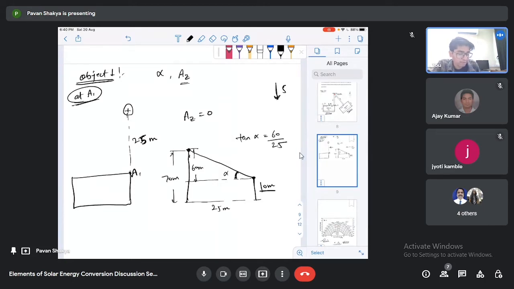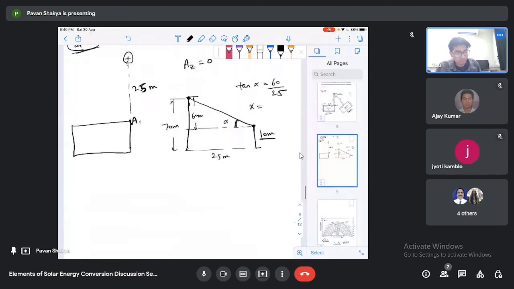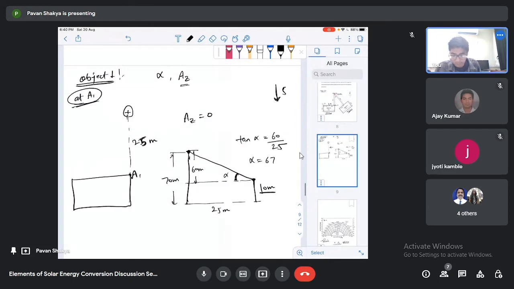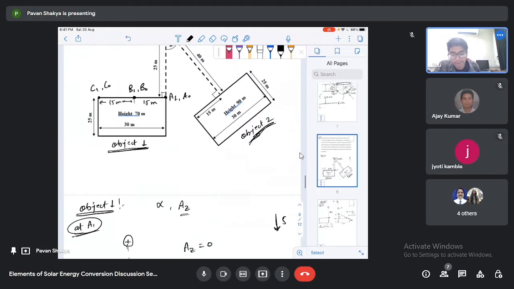When we solve it, we will find that alpha is equal to 67.38 degree. So the altitude and azimuth angle for this point A1 are 67.38 and 0. Similarly, we will solve it for the points B1 and C1.